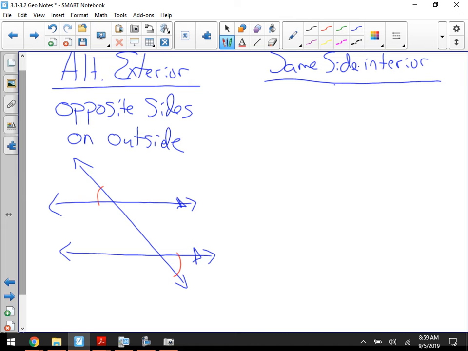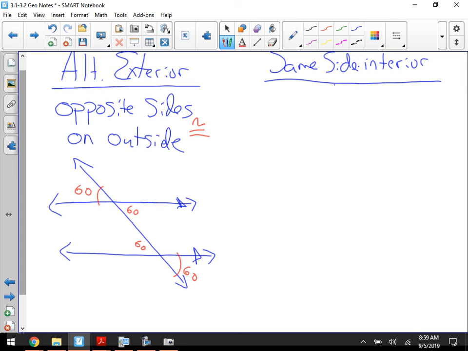Angle 7 would be the bottom right. Opposite sides on the outside. 1 and 7, 2 and 8. Those guys are also congruent. If this angle here is 60 degrees, that means this angle here is 60 degrees, and so on and so on. Which means that this one would be vertical, this one would be alternate interior, and that's vertical. And they jump back and forth really fast.